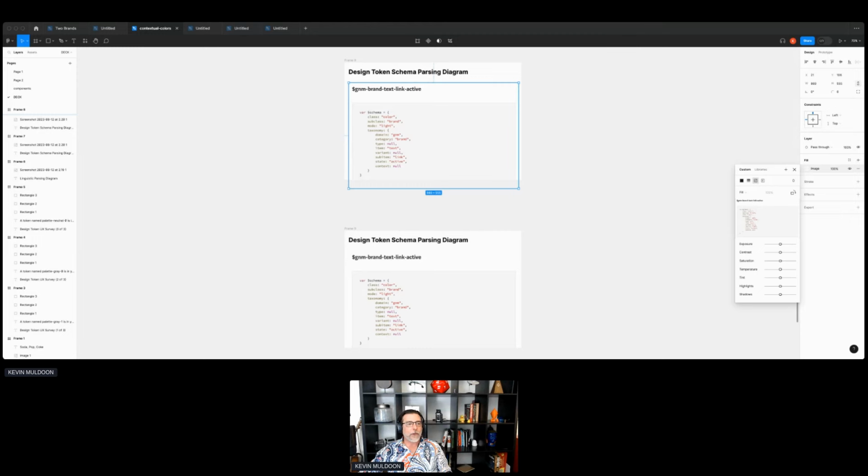But because I actually have the schema, and I could pop this out over here and see exactly how this represents itself, I could make some really good decisions here. For instance, wouldn't a better name be color link active? Why would it be text? Did you want a different color for icons that linked? I don't think so.